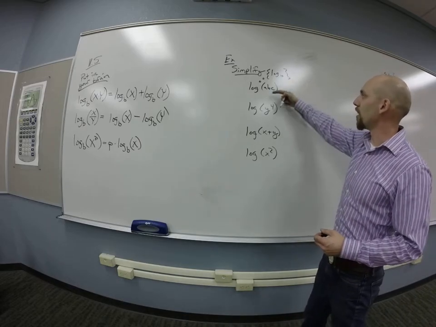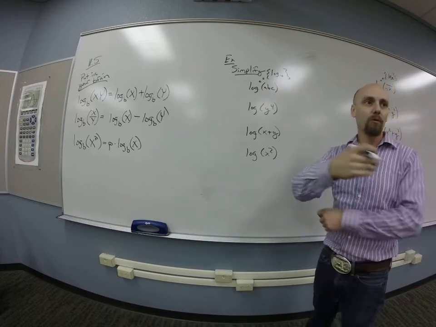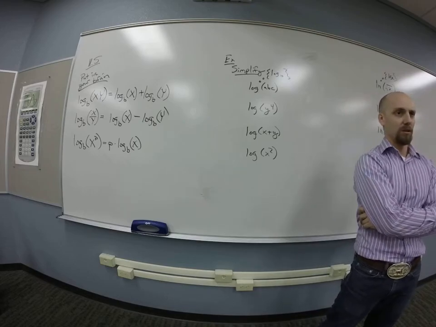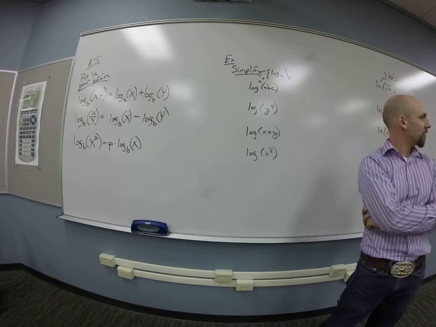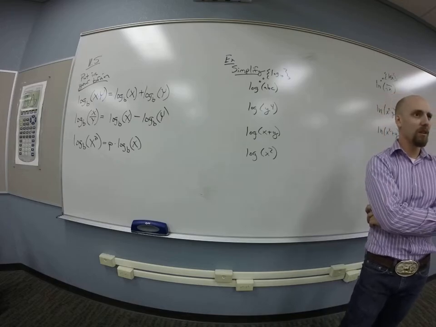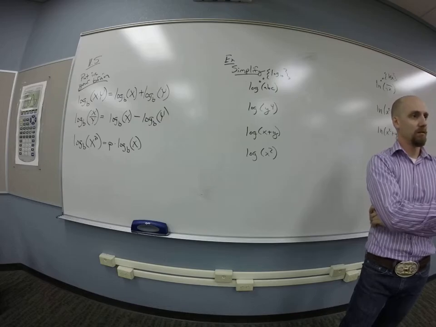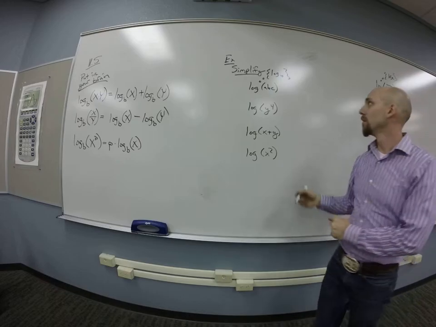Let's see. So if I'm doing log base 10 of a times b times c, what can I do with my rule, or my rules? Can I simplify that? Can I make it easier or different at least? Maybe different is the right thing. You can just have log 10 a plus log 10 b plus log 10 c.